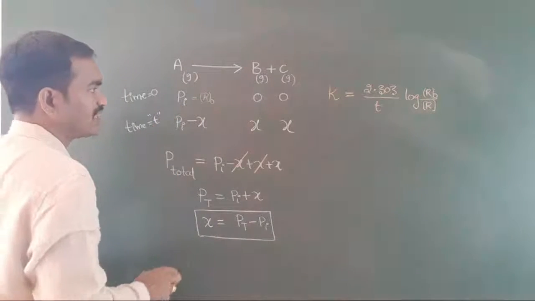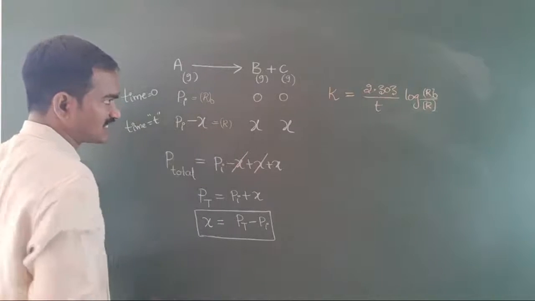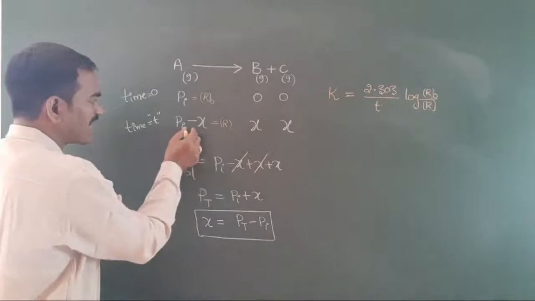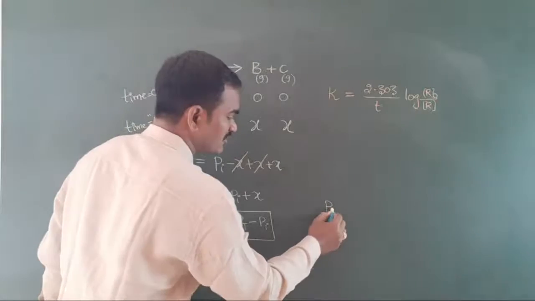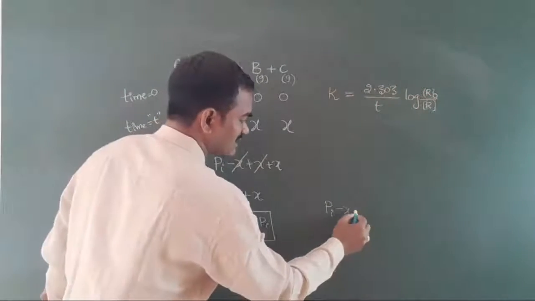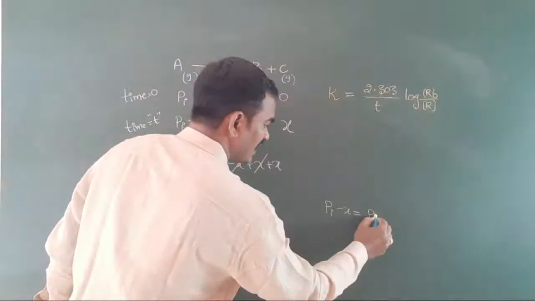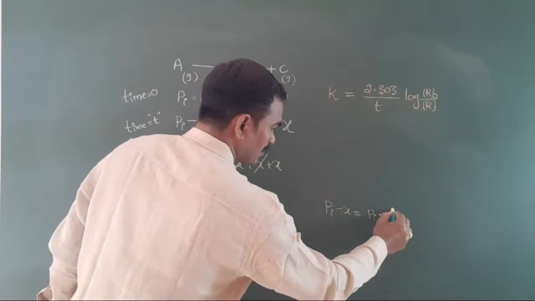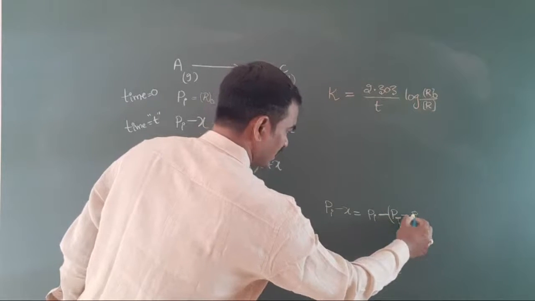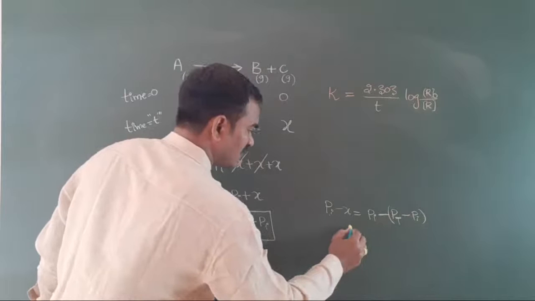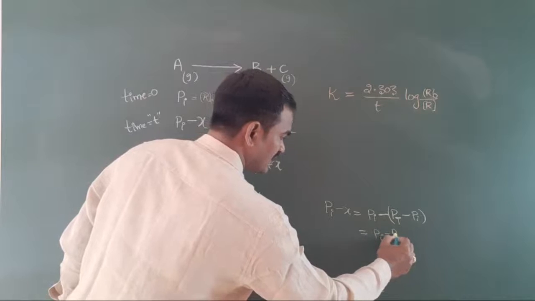And in the R place, we have to take Pi minus X. Now how to calculate Pi minus X? We need to remove X. X is equal to PT minus Pi, so Pi minus X is Pi minus of PT minus Pi. The minus goes inside, so it becomes 2Pi minus PT. Can you see this?